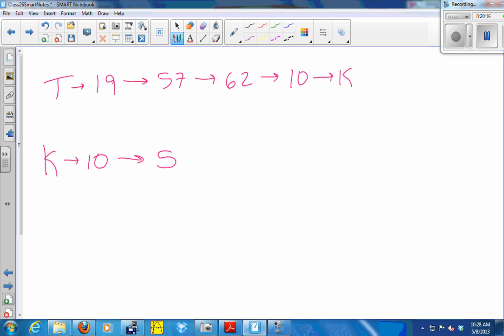Subtract 5, I get 5. And now to undo the times 3 part, I can't multiply by a third, it doesn't work. So I have to come up with something to multiply by that will give me my original number back.